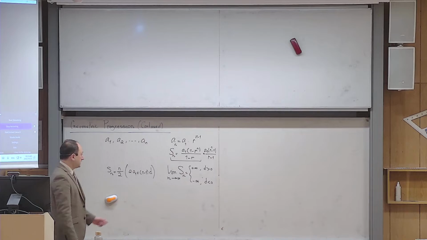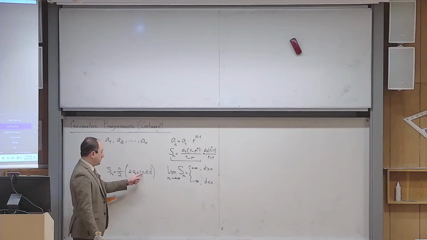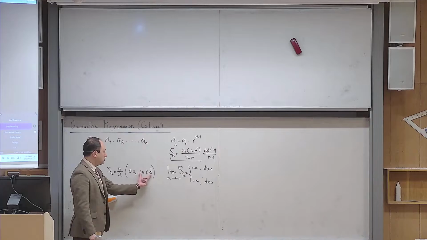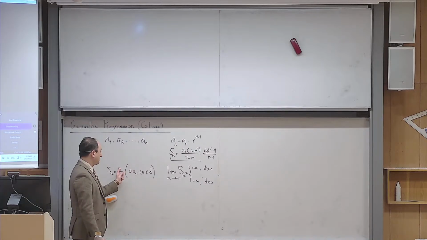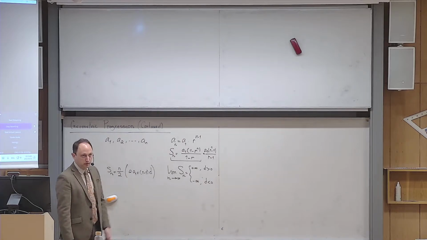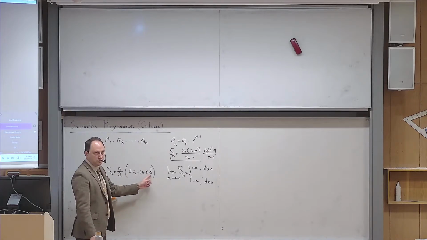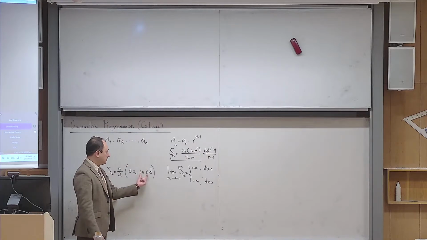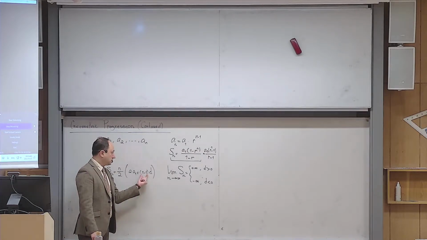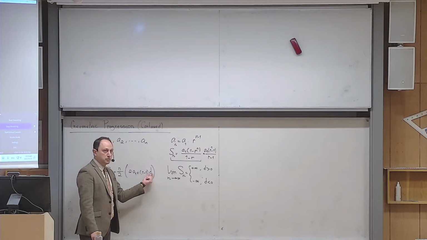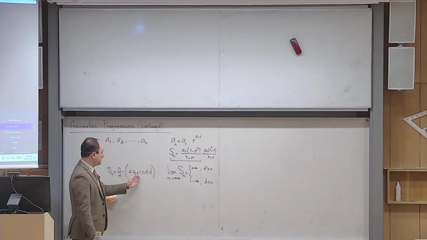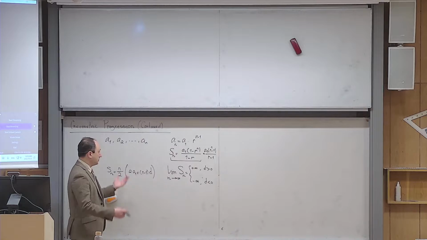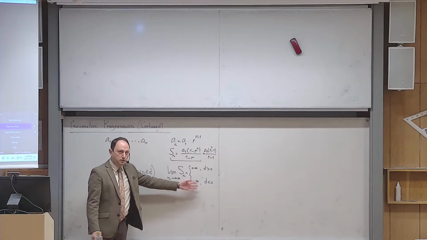Is that clear? Because if d is positive, when I increase n, this becomes a huge positive number. Compared to that huge positive number, this constant number is negligible, and you are still multiplying it by a huge number. So it becomes a huge positive number. If d is negative, when I increase n, this becomes a huge positive number, but when you multiply a huge positive number by a negative number, it becomes a huge negative number, which is minus infinity.